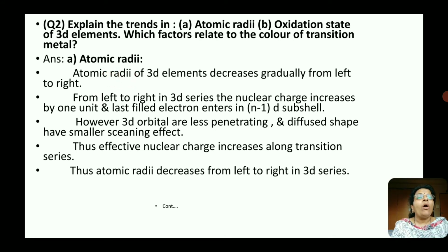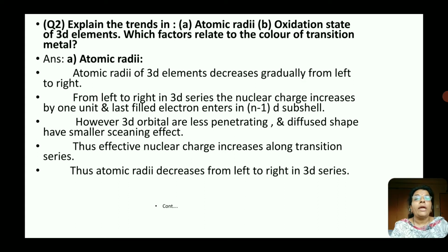Atomic radii of 3d elements decrease gradually from left to right. This trend we must know, that is, as we move from left to right in the period or in the 3d series, the nuclear charge increases and therefore atomic radii decrease gradually.